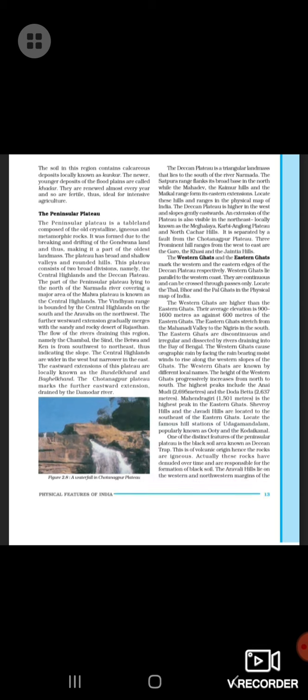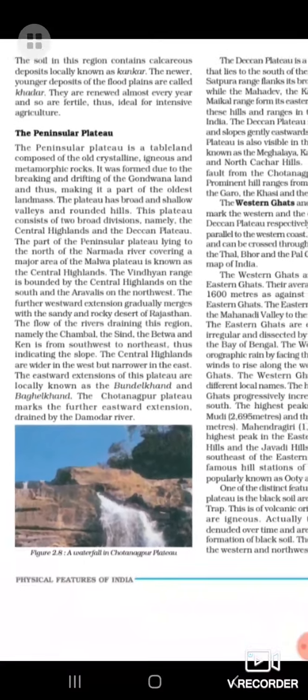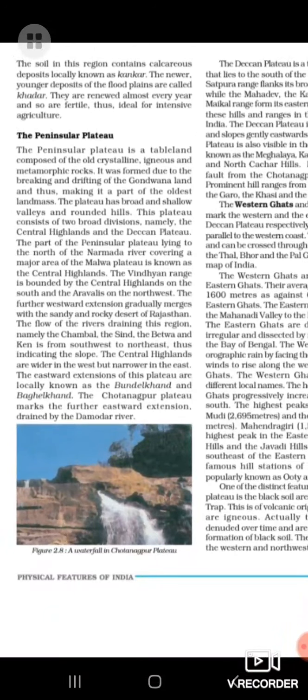Now the Vindhya range is bounded by the Central Highlands on the south and the Aravalis on the northwest. The rivers draining this region are the Chambal, Sindh, Betwa and Ken, and they flow from southwest to northeast. This is another important feature.